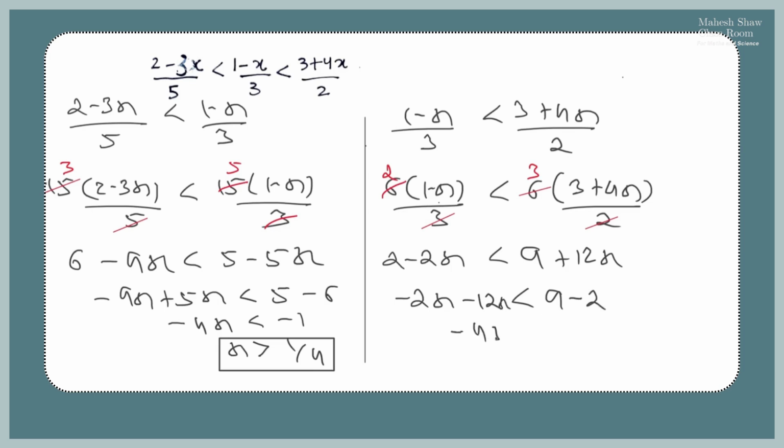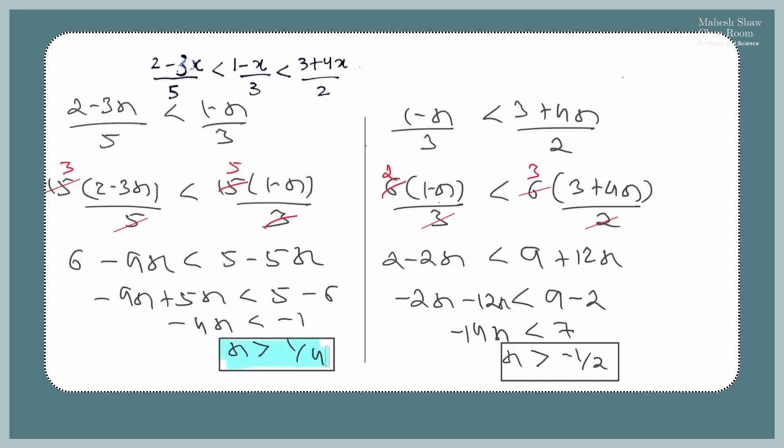So this is negative 14x and this is positive 7. So on dividing by negative 14 on both sides, the inequality will reverse and this will be 7 divided by negative 14. So I can write this as minus half. This is minus half. So we can say that this is our second condition.